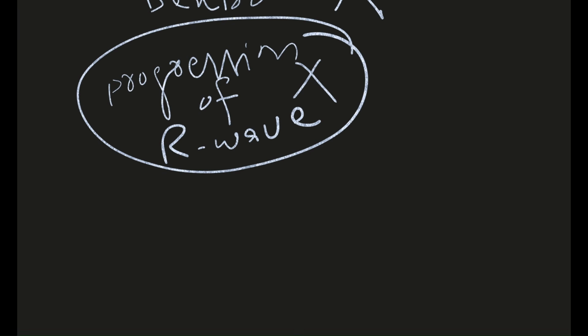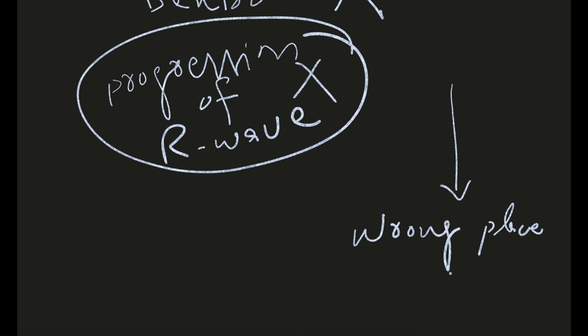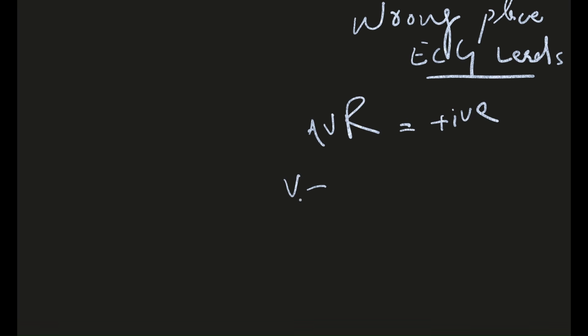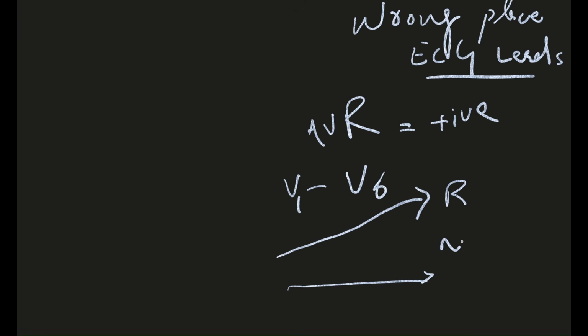And on the other hand, if there is wrong placement of ECG leads, then AVR will be positive, and from V1 to V6, the progression of R wave will be normal.